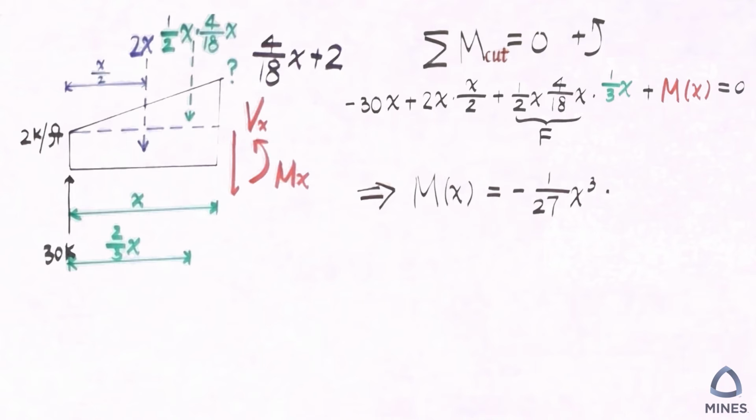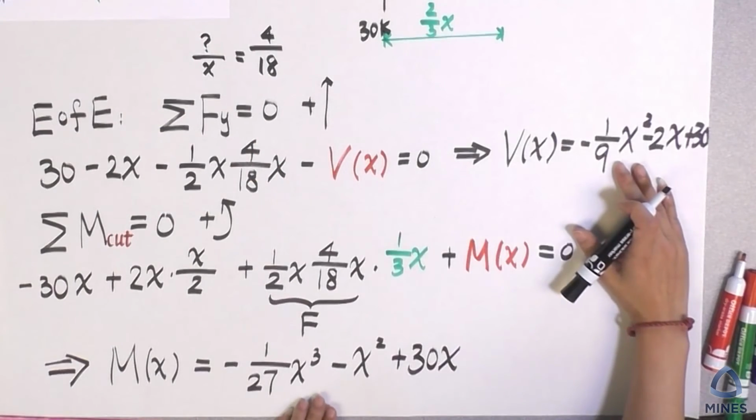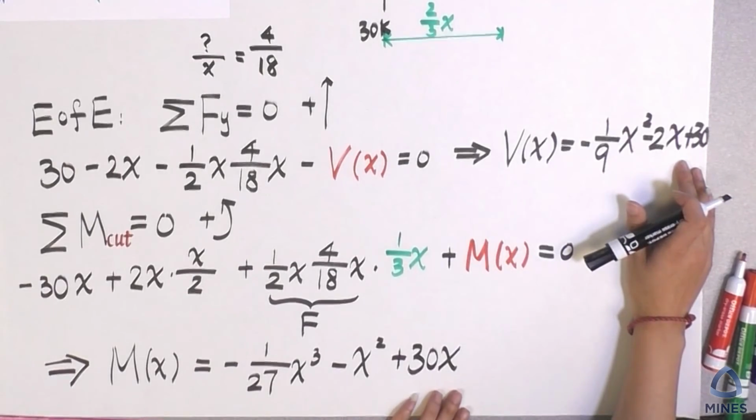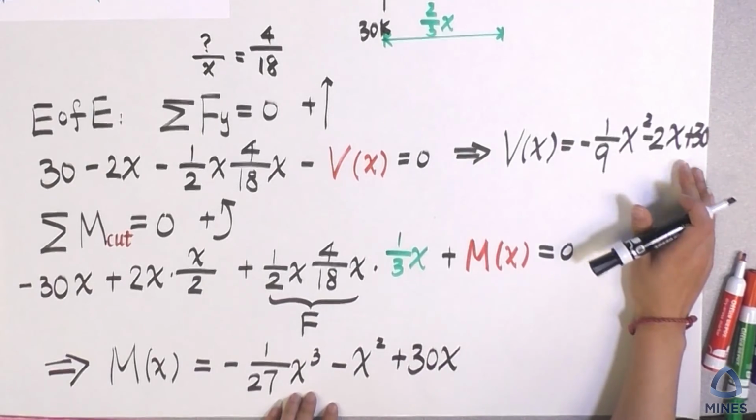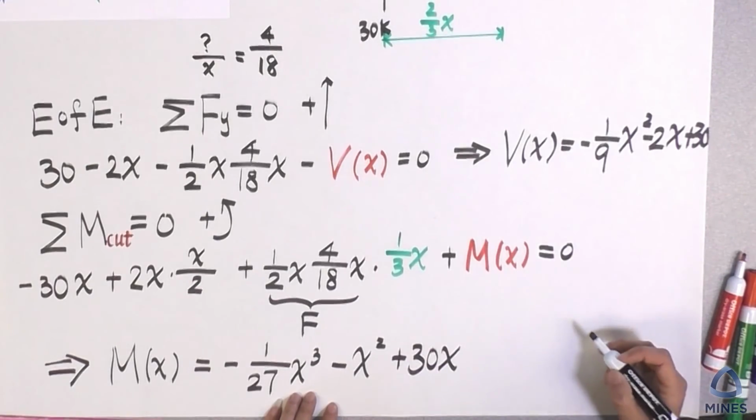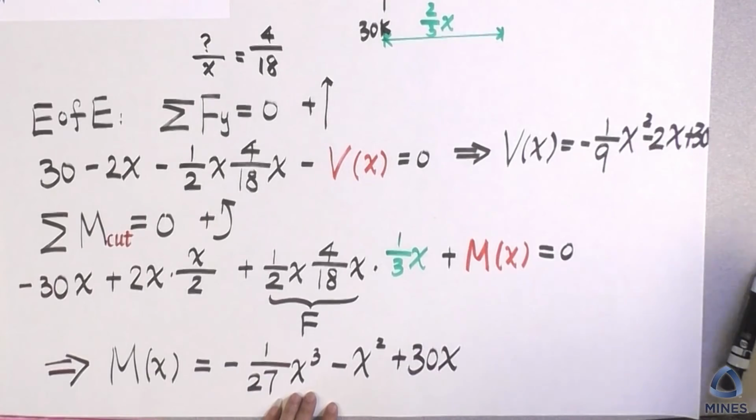If we combine everything here, this is your shear and moment function. However, before we move to drawing the shear moment diagram, there is another way to check all your calculations. Your function becomes more and more complicated. Did I miss any term, or did I make any calculation error? Here is a way to check your answer.